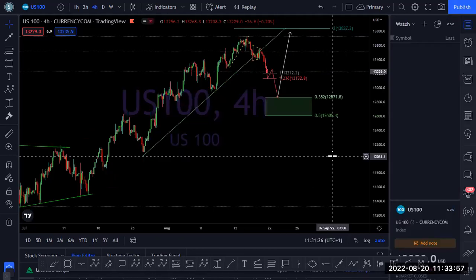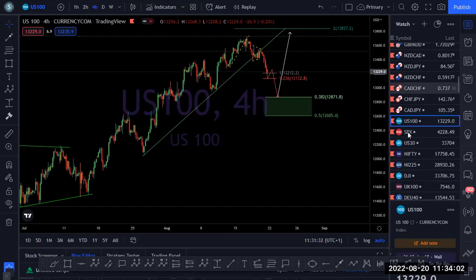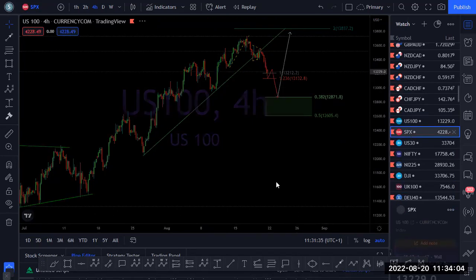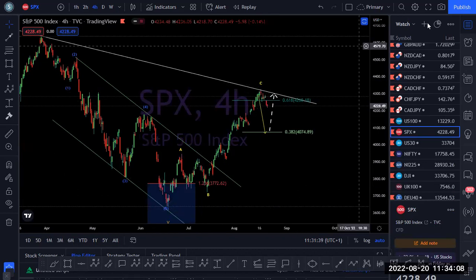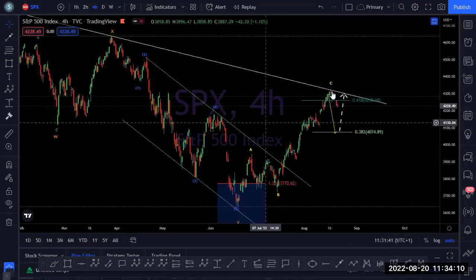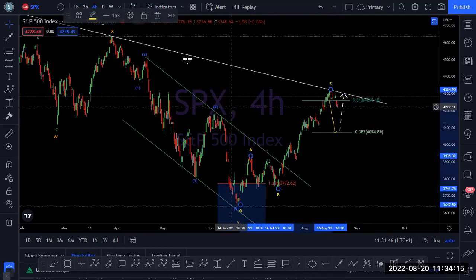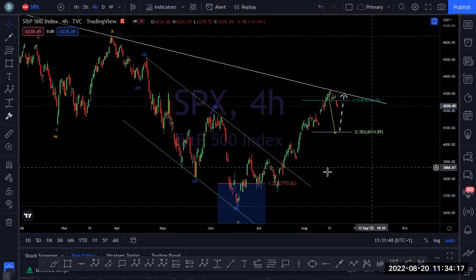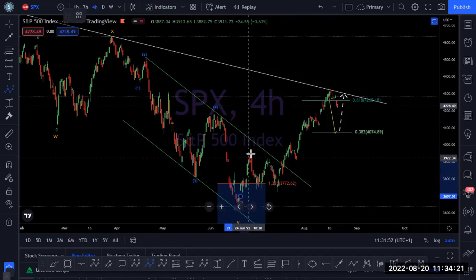NASDAQ, many of them are doing something. NASDAQ, S&P 500, same structure. US 30, same structure. So this is no longer ABC. Let me correct myself. It's no longer ABC. We are now getting 1, 2, 3, 4, 5. That's the correct thing.